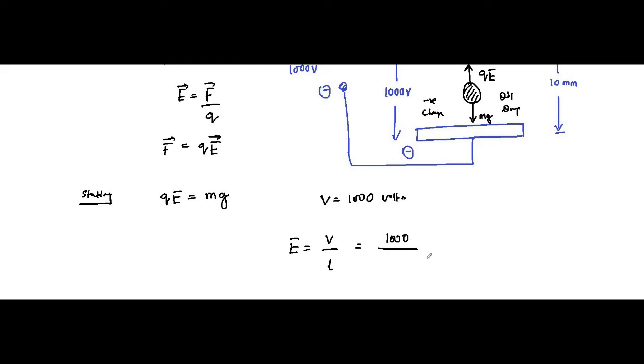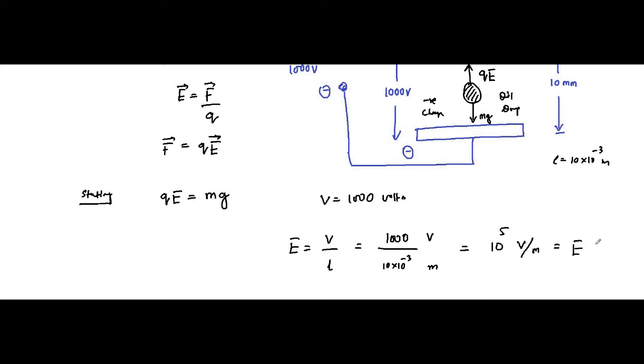So we'll simply put here 1000 volt by 10 into 10 to the power minus 3 meters. So it will become 10 to the power 5 volt per meter, the value of electric field.